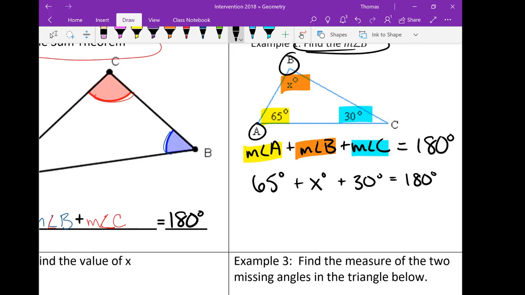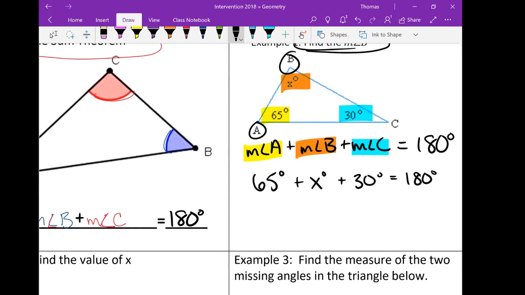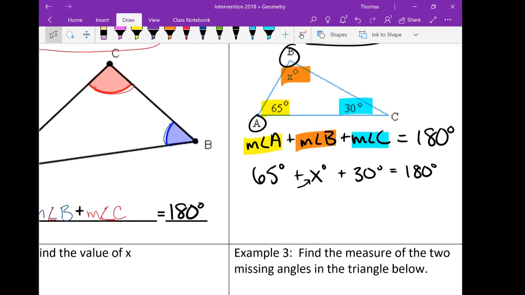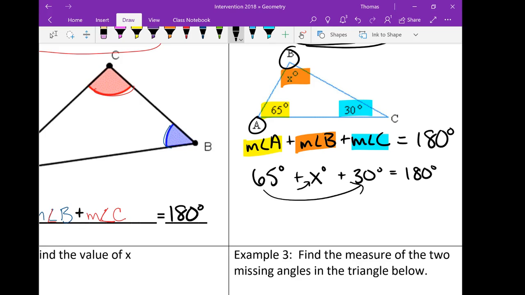Now at this point, I just have an equation. I'm looking for X, so I'm looking for that term right there. I see some numbers I can combine here. I can combine my like terms, 65 and 30. X degrees plus 95 is equal to 180.